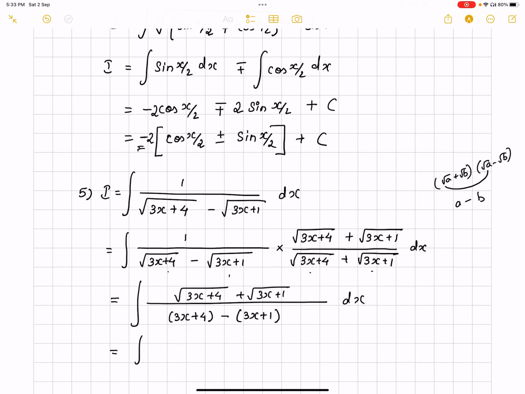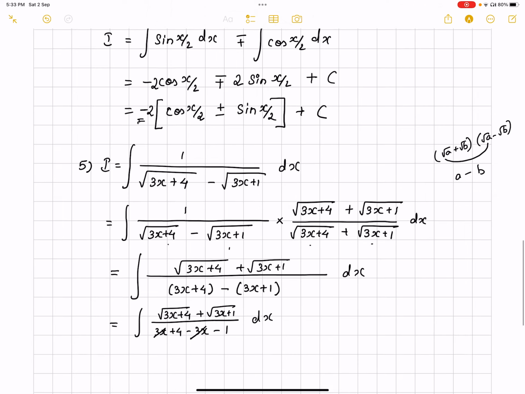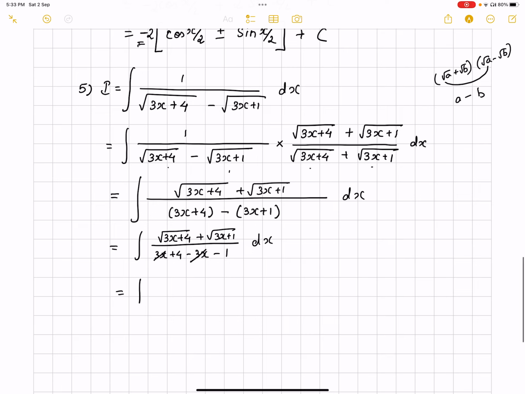Now what I would be having here is 3x plus 4 minus 3x minus 1, where 3x minus 3x gets cancelled, and you have the numerator as root of 3x plus 4 plus root of 3x plus 1 dx. Now here, integral 4 minus 1 is going to be 3 and we have root of 3x.